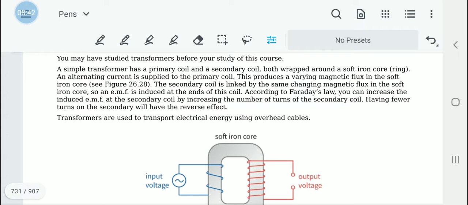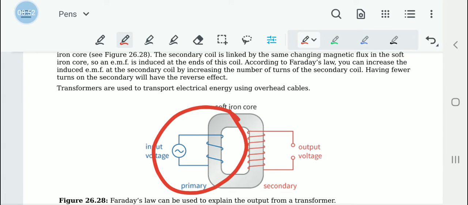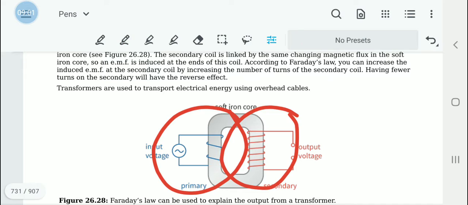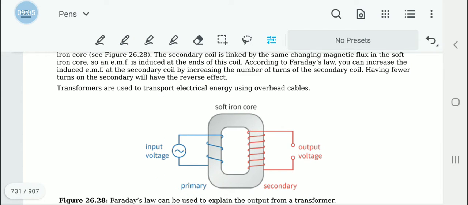If we have fewer turns, then it would have the reverse effect. That means the EMF would be lesser. So here we input at this point, then we have a higher number of turns, and as a result we will get a higher EMF.